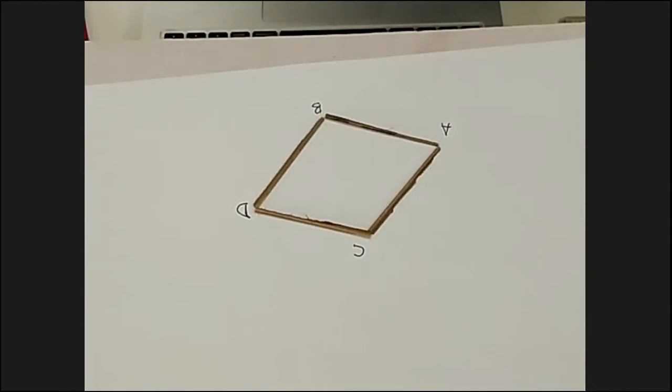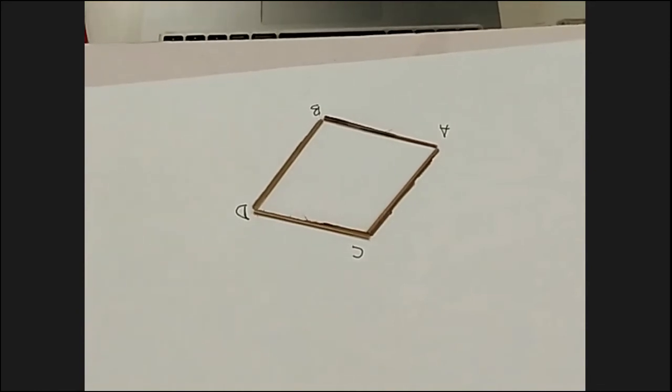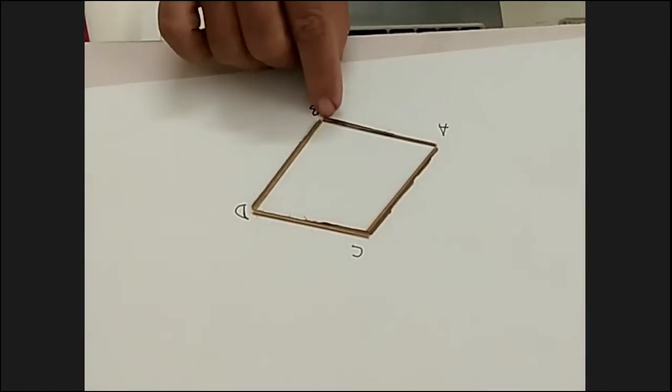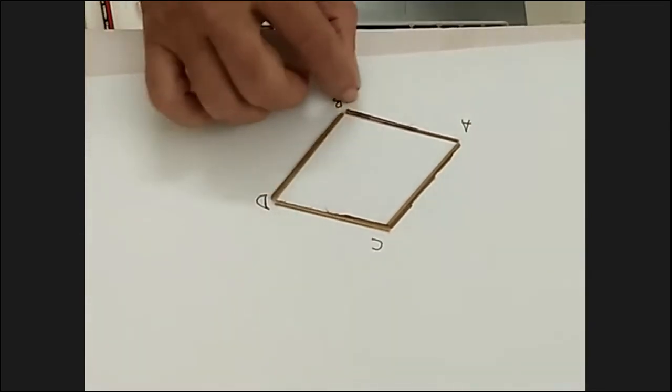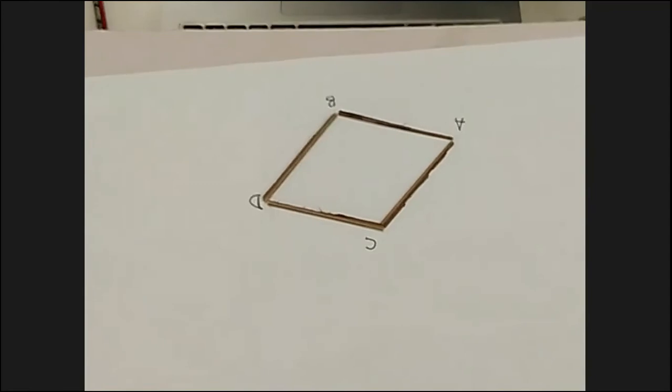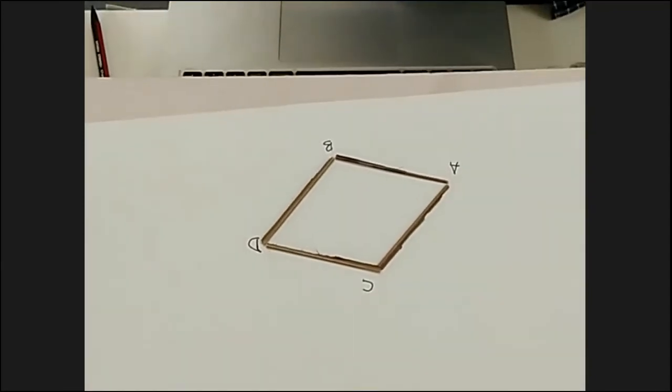I want to divide the angle CAB into two equal parts. I want to bisect the angle CAB. Now I know that when Arnav bisected his angle, he did it by folding along the diagonal. So what I am going to do is just draw the diagonal.